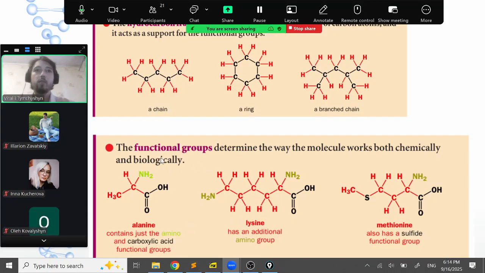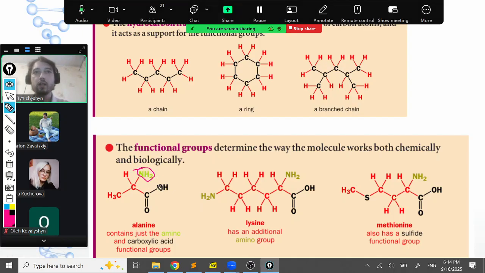In chemicals, the functional groups determine the way the molecule works, both chemically and biologically. The carbon framework has to do with the properties of the chemical, but probably the most interesting for us will be the different functional groups. Here you see the amino group. Here you see the carboxylic group.